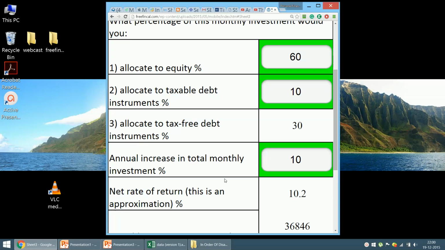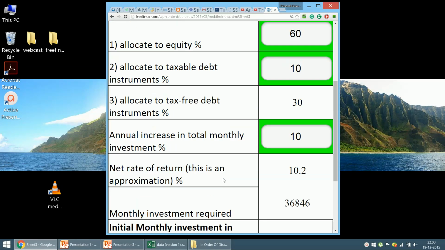Now, considering these equity, taxable debt and tax-free debt allocations, considering the return that you expect from each of those asset classes, the net rate of return for your portfolio, which is an approximate value, is about 10.2%. This is the net portfolio return.